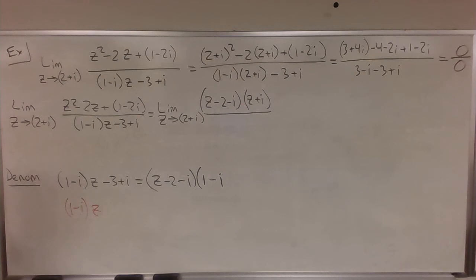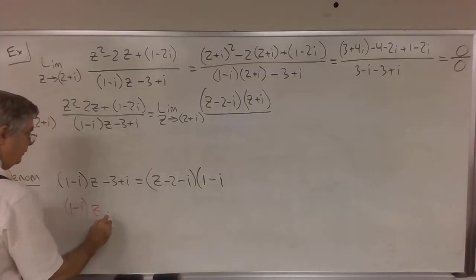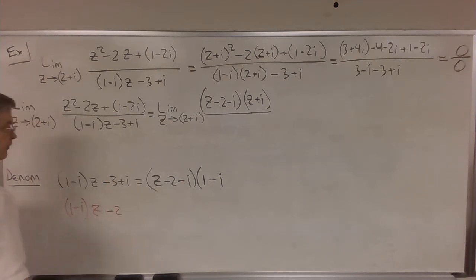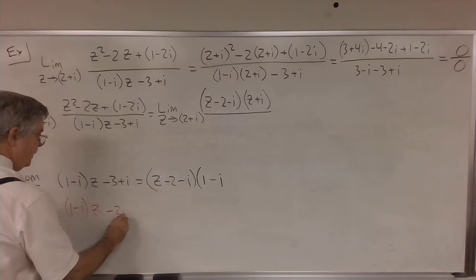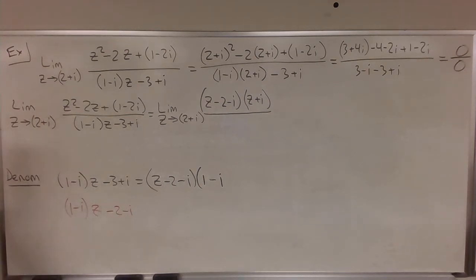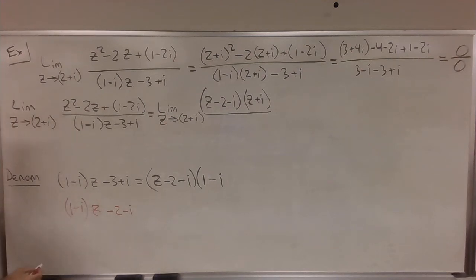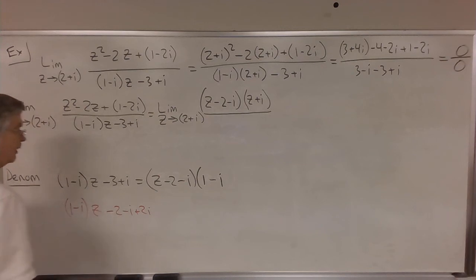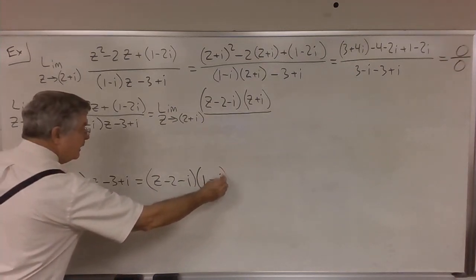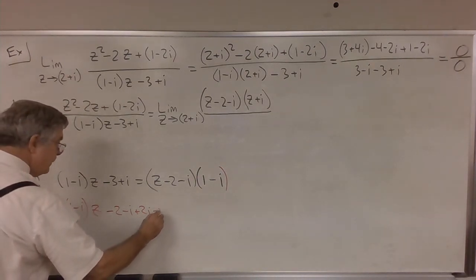Now, how does the rest play out? 1 times negative 2 is minus 2. 1 times negative i is minus i. Negative i times minus 2 is plus 2i. Minus i times minus i is i squared, which is negative 1.